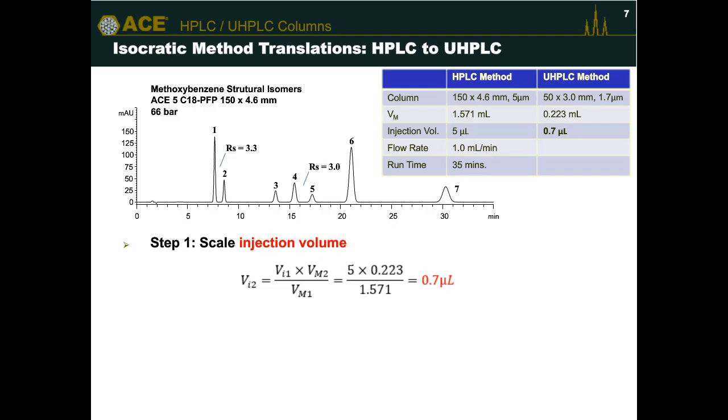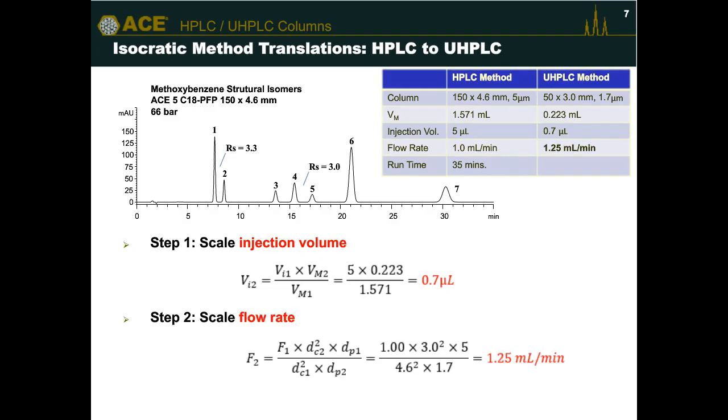We then want to scale our flow rate. Now here we've changed both the column ID and the particle size. So we are multiplying our original flow rate by the ratio of column ID and the ratio of column particle size. So this is suggesting we need to run at a higher flow rate of 1.25 mL a minute.